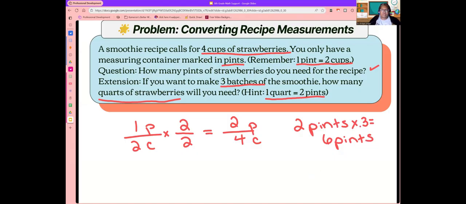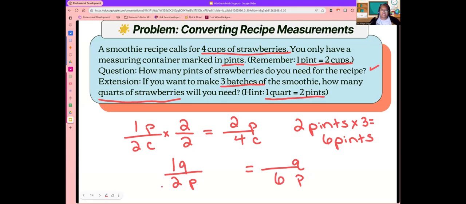Now that we know that we will have 6 pints of strawberries, we can figure out how many quarts. We know that 1 quart is the same as 2 pints. If we set this up properly, meaning we need to have the same proportions on both the numerator and the denominator, quarts were on top over here, so they need to be on the top here. Pints at the bottom, pints at the bottom. We know that we have 6 pints.